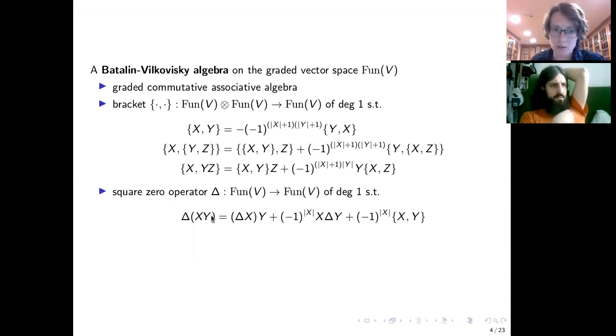There is some compatibility: the BV Laplacian is not a differential, because the last term on the right-hand side is what makes the BV Laplacian not a differential.